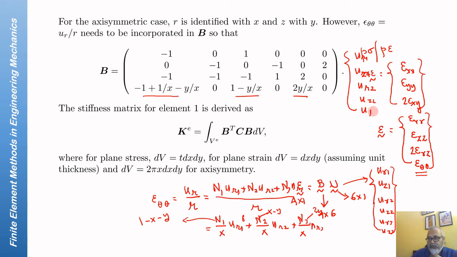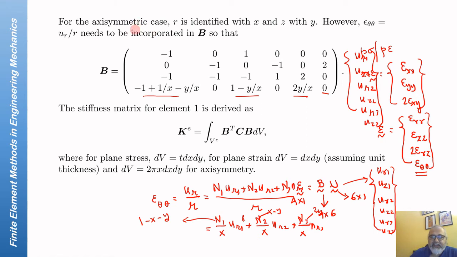They get multiplied with UR3, not with UZ3. So you have zeros in place of the z's, and the shape function by x in place of the r's. Okay, so now this is the same B matrix apart from this new row that has been added.